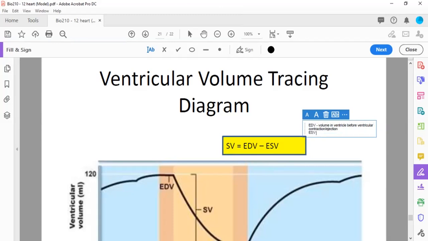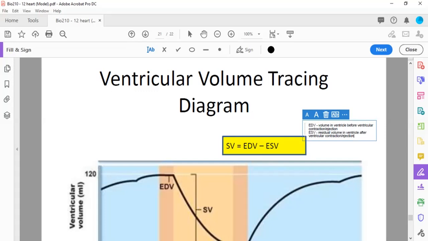ESV is the residual volume in the ventricle after ventricular contraction and ejection. So the difference in volume between the EDV and ESV represents stroke volume.